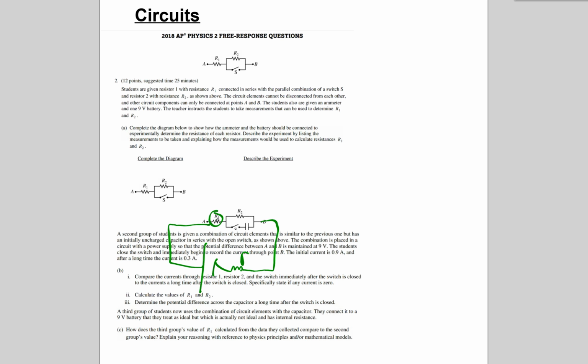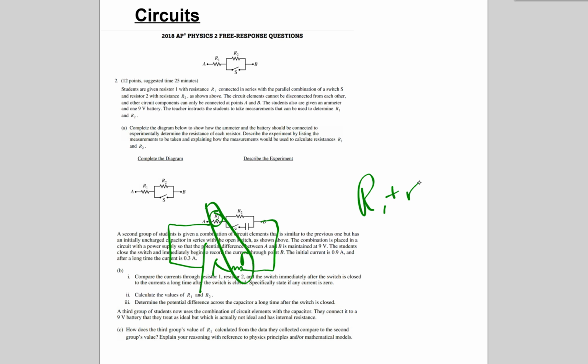It's not on a separate path. We can just treat the resistance of these two as being the same. So when they think they're measuring R1, they're measuring R1 plus R. So their value of R1 is going to be higher because they're measuring R1 plus the internal resistance.